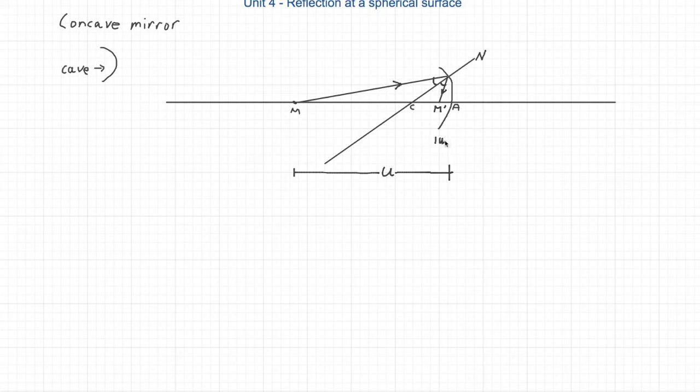U is the object distance, which goes from A to M. U prime is the image distance, going from A to M prime, and the radius of curvature is the distance from A to C, vertex to center. So AM is a negative direction going from right to left.